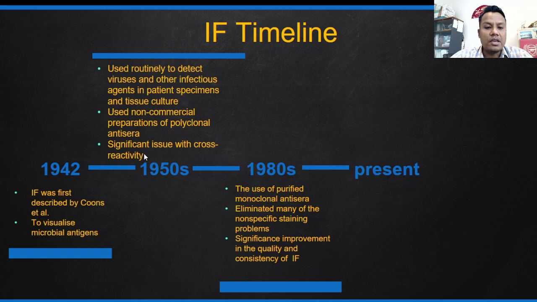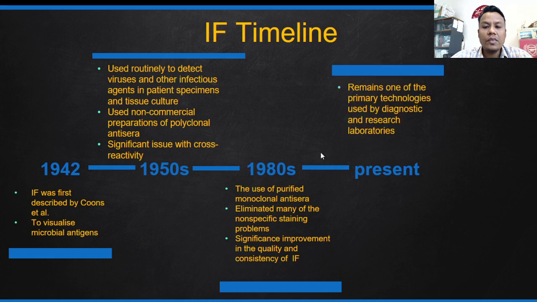But this issue was solved in the 1980s when they introduced the use of purified monoclonal antisera. This eliminated many of the non-specific staining problems, which was a significant improvement in the quality and consistency of IF. And nowadays, IF remains one of the primary technologies used by diagnostic and research labs.